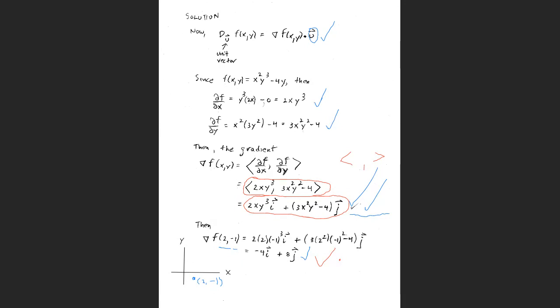So on the surface, we're at 2, -1, 0. But the point is, we're looking in the direction of 4, 4. So here's 4, 4. We know where 4, 4 is. It's like right here, right? This is kind of sloppy. Let me make it look good here.